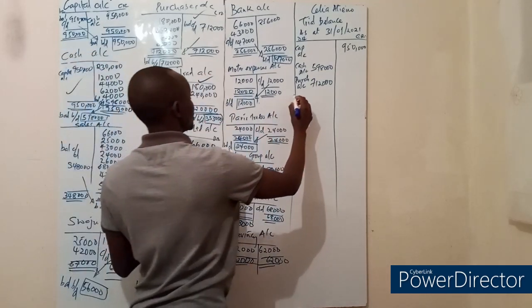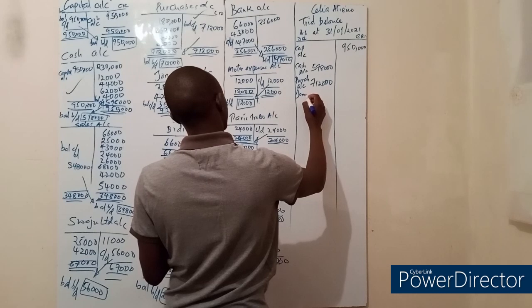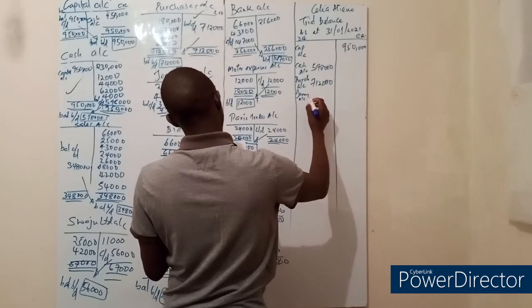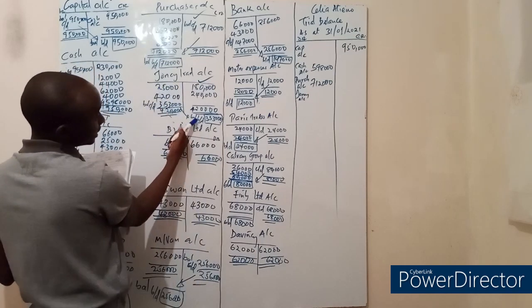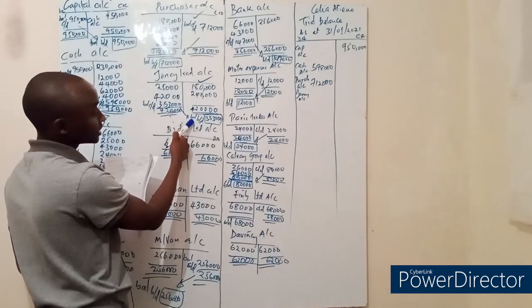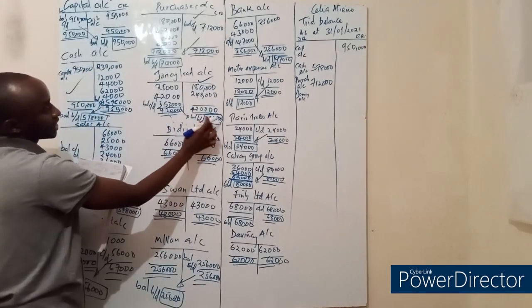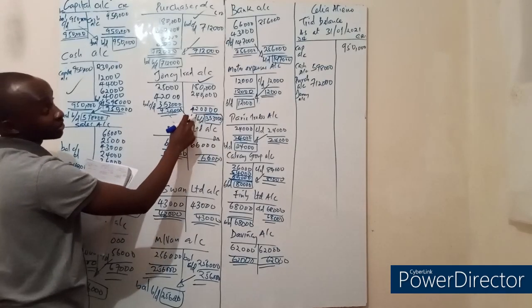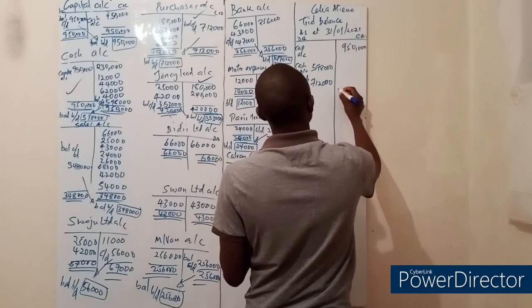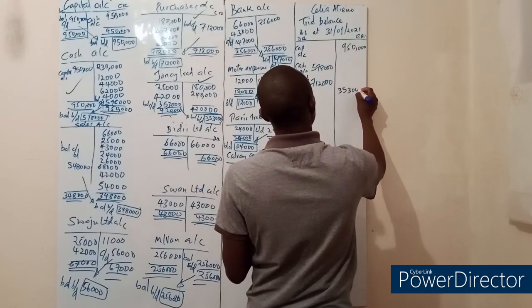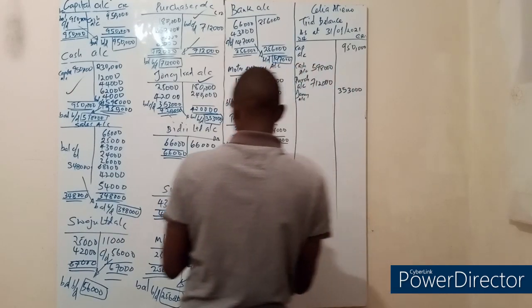You can go with Jonesy account. Jonesy has got credit of 353,000. It is on the credit, and the balance brought down is what you're taking there. 353,000.